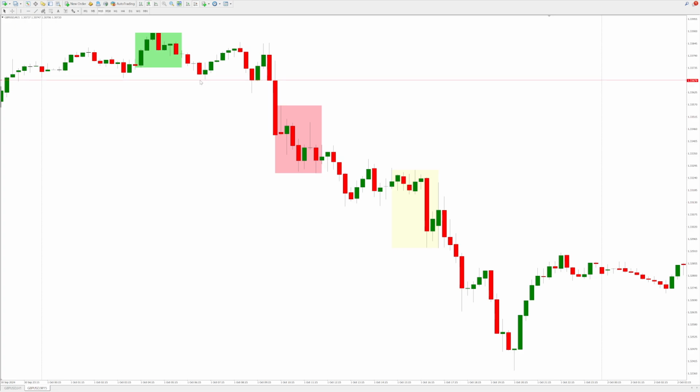You could have marked your support level here on the chart. You can see this level of support has been tested multiple times. Then you have resistance up here. And that would have been an opportunity you may have been watching.